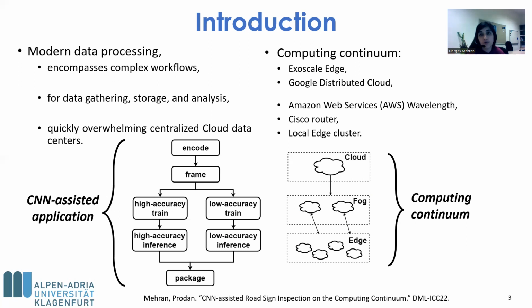That's why the idea of utilizing the computing continuum consisting of different layers of computational devices, from the cloud at the top connecting to the lower layers such as the fog, which we can call this type of infrastructure as a service, such as Exascale Edge, or Exascale, which is a European cloud provider, or the Google distributed cloud, or even Amazon, which has approached this by providing Wavelength for 5G-based applications.